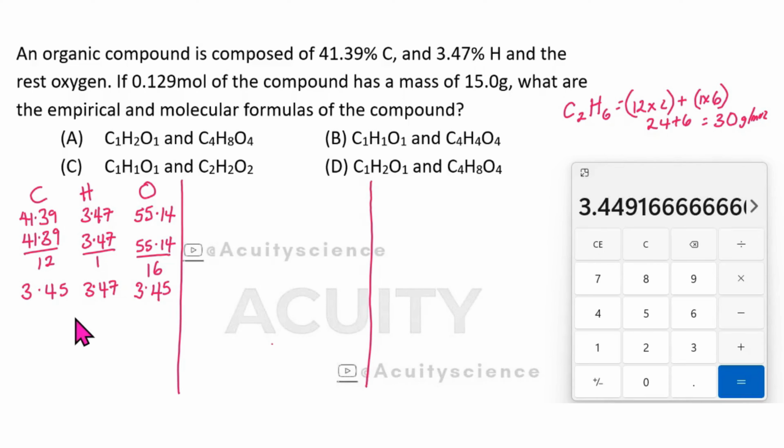Alright, so this is our ratio. Just that this is uncomfortable to work with because we have decimals. It's more comfortable if there were whole numbers. So let's divide through by the lowest number. I think that will get whole numbers.